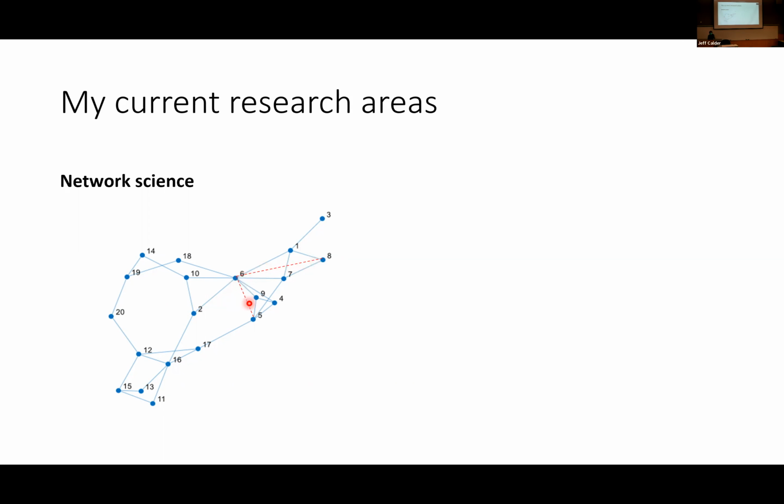Or in general, what's the probability of forming this edge at some point in the future compared to this edge? These could be social networks where these are people and the edges correspond to friendships, or the edges could correspond to two people interacting in some way or being in physical proximity. So these are more fundamental network science problems.